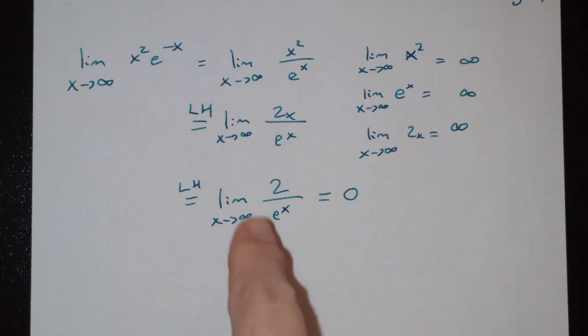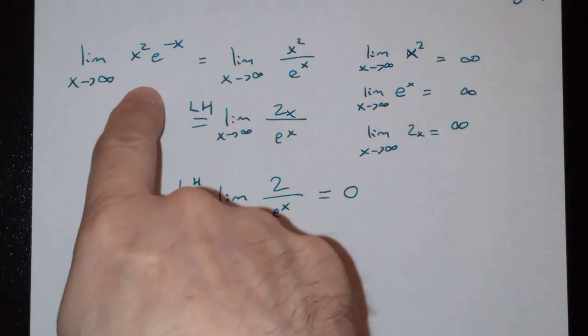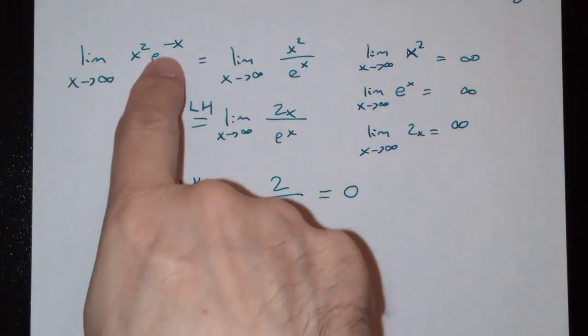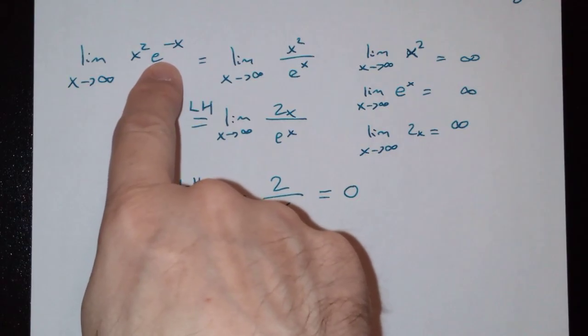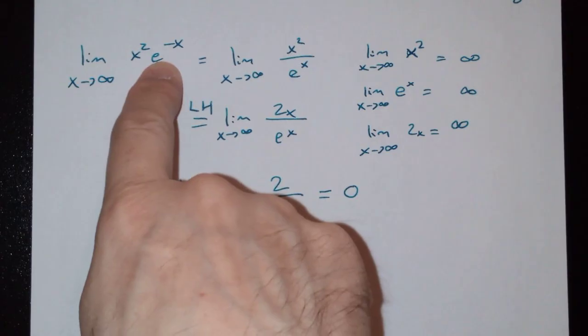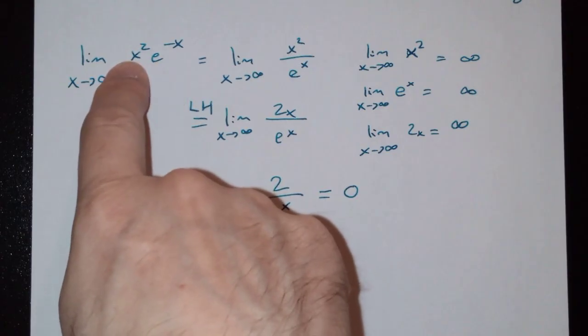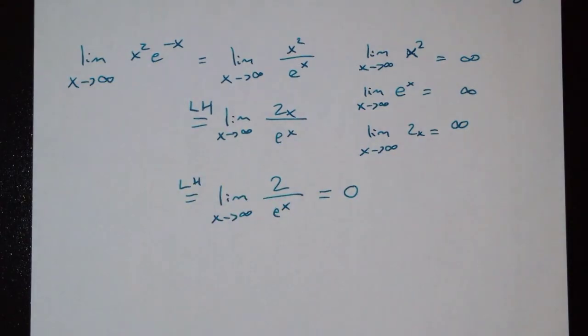What this tells me is that as x gets bigger and bigger, the 0 that is the e to the negative infinity is stronger than the infinity that is x squared. Because I'm multiplying those two together, and in this case, the 0 wins. Big O of e to the x is bigger than big O of x squared.